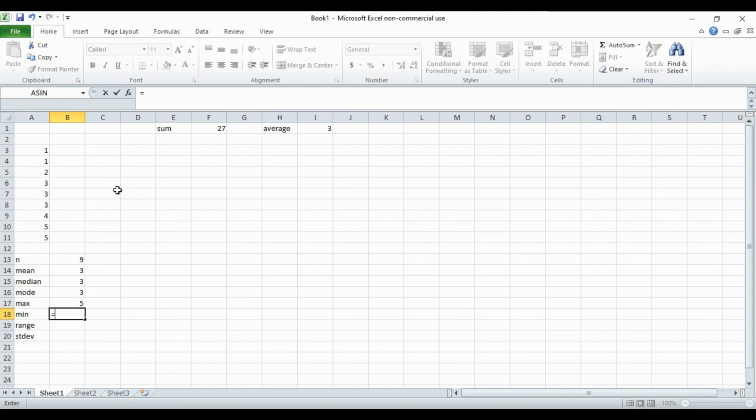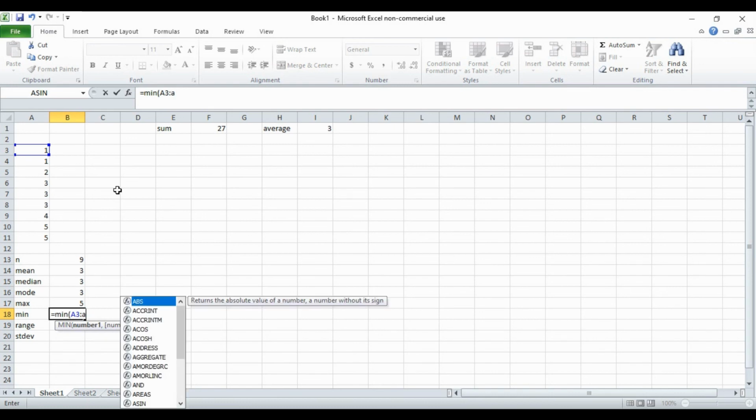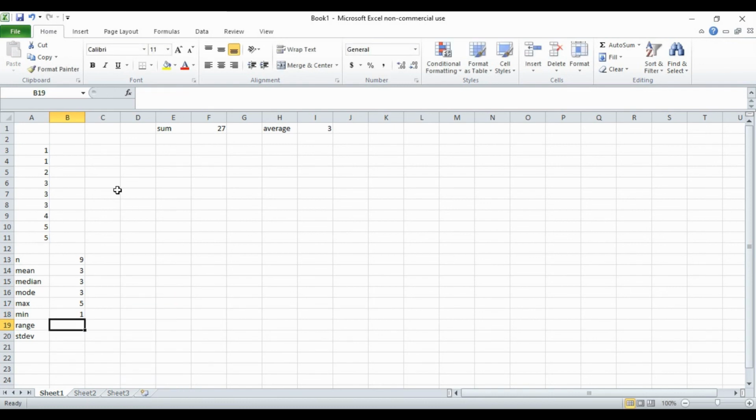I think there may actually be a range function, but I'm not entirely sure. But the range is just the maximum minus the minimum, so I get it that way. I can utilize the definition of the standard deviation to help me come up with the various formulas.